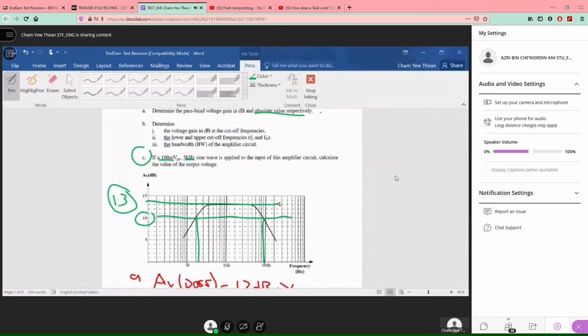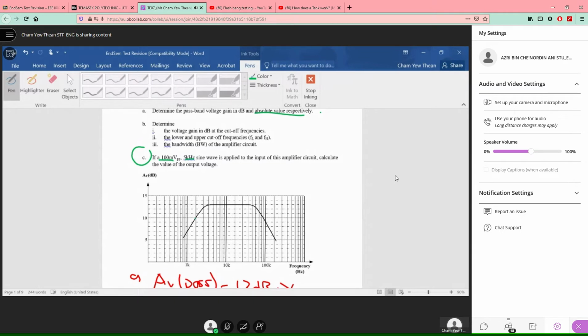Let me erase it so you all can see. If you inject an input signal of 100 millivolt peak, 5 kilohertz sine wave, into this amplifier, what do you think is the output voltage?